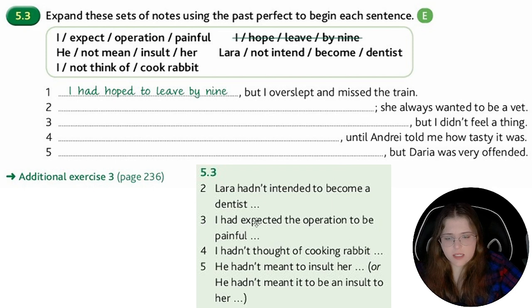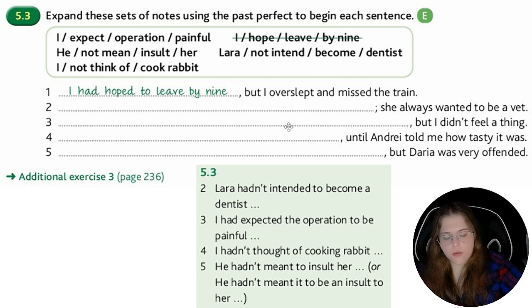I had expected the operation to be painful, but I didn't feel a thing. I had expected this before the operation, before the moment in the past. I hadn't thought of cooking rabbit until Andre told me how tasty it was.